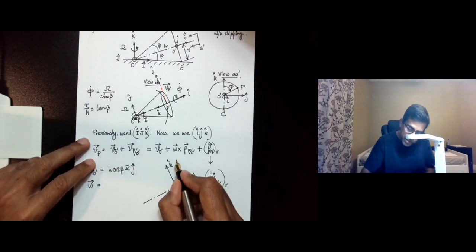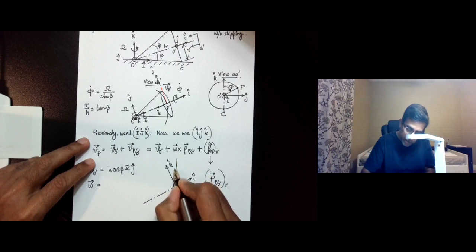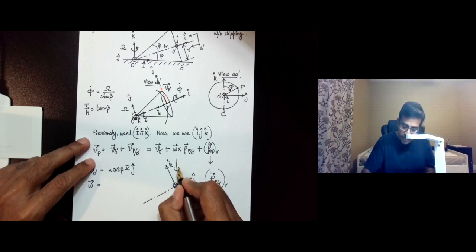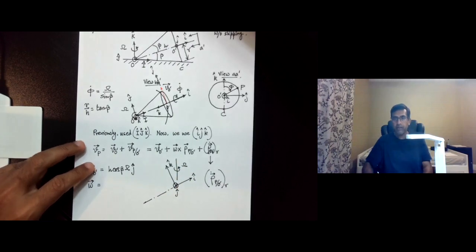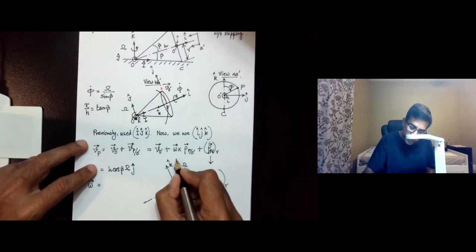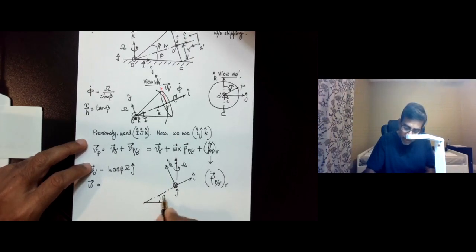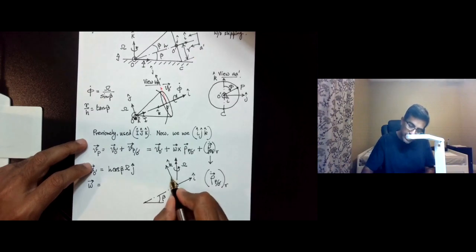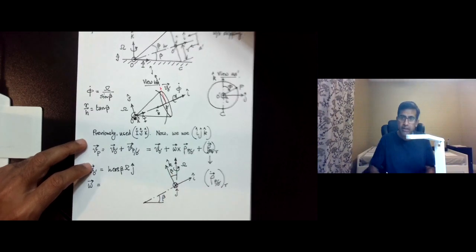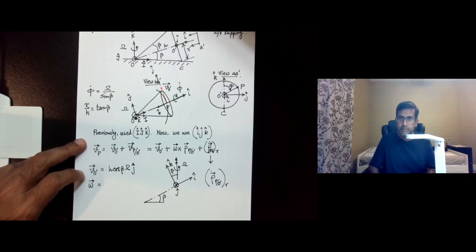Now the angular velocity of the cone due to its rolling is in this direction, the vertical direction, and it is by an angular velocity omega. So the vector of the angular velocity is this way in the vertical direction, and if this angle is beta, which is the angle of the cone, then this angle is also beta, right?